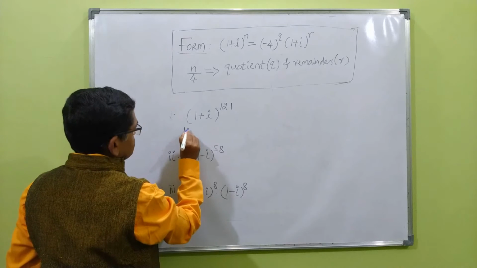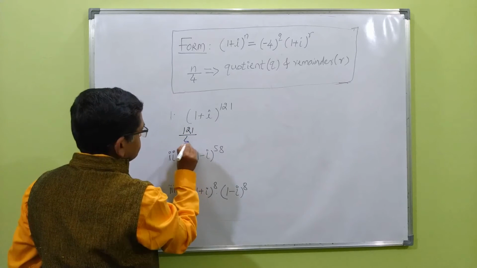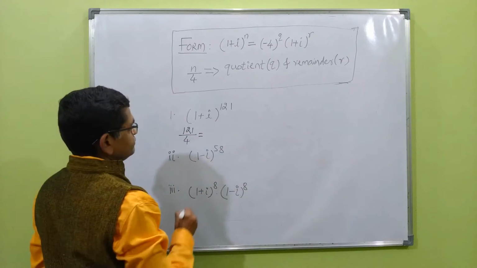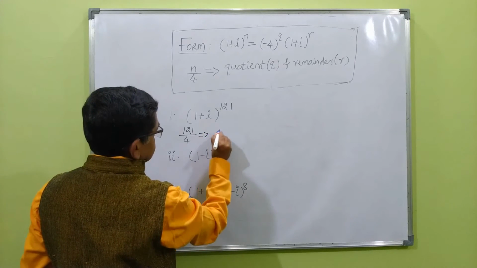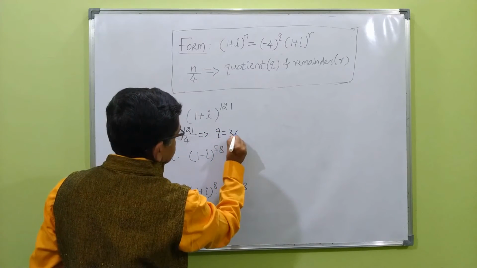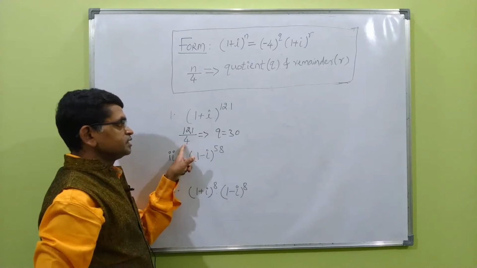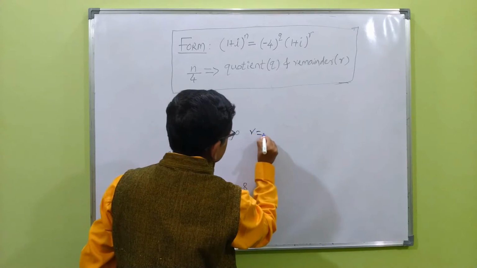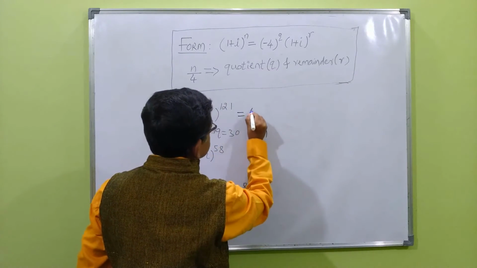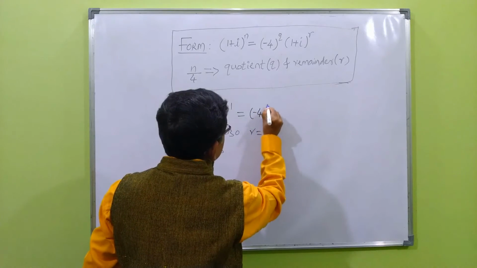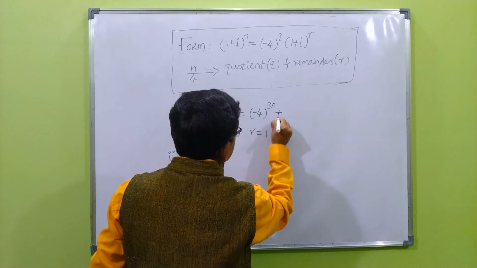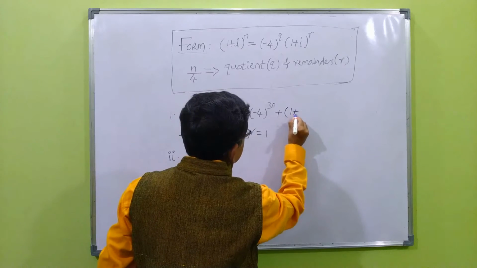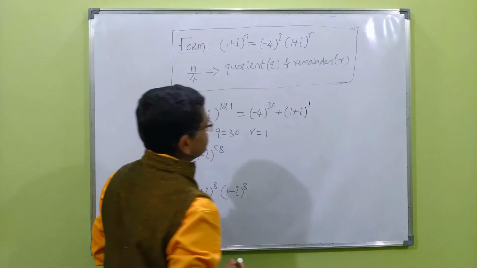See, what you have to do is 121 divided by 4, the quotient is 30. 30 into 4 is 120. Remainder is 1. So the answer for this is (minus 4) raised to 30 into (1 plus i) raised to 1.